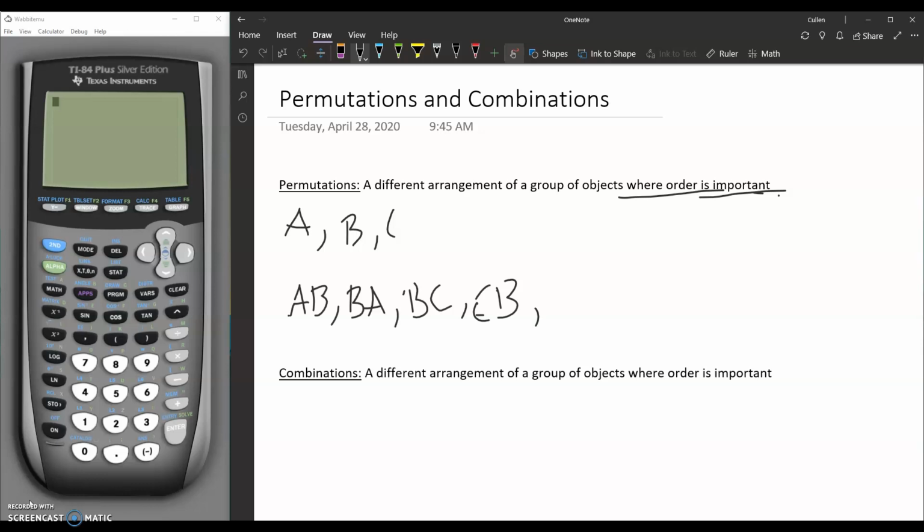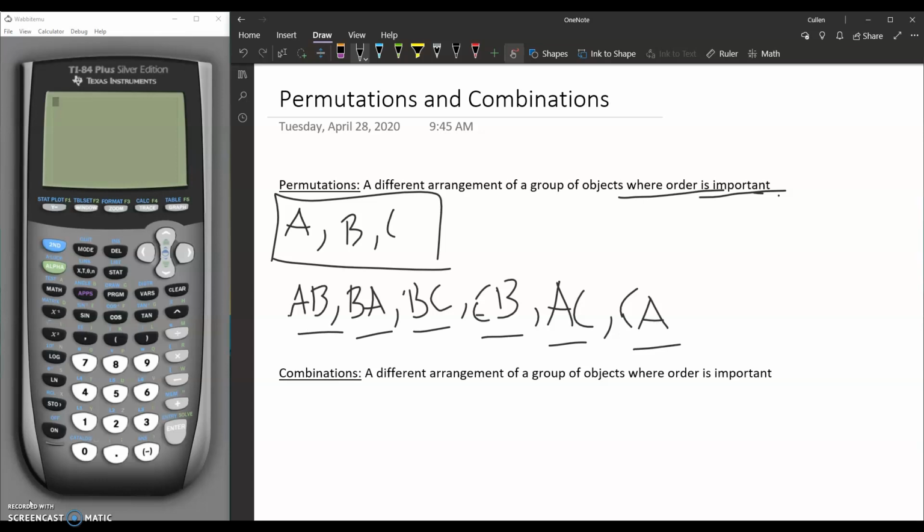And then choosing the last 2 that we haven't paired together yet, we could choose A and C, and we can flip it, and that would be a different arrangement, C and A. So how many ways can we arrange A, B, and C into groups of 2 letters? We've got 1, 2, 3, 4, 5, 6.